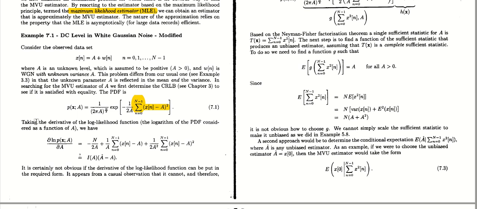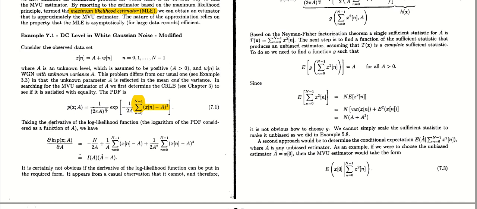Then what we want to do is take the derivative of the log likelihood function. Right, you take the log. As we mentioned, the meaning of taking the log is just to get rid of some complicated terms, and it's monotonic.